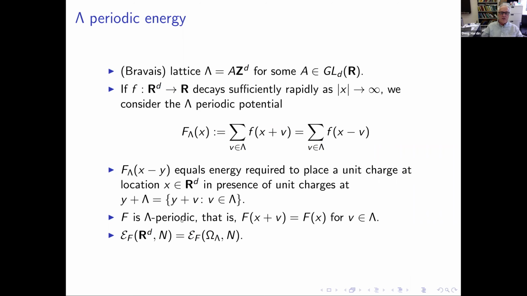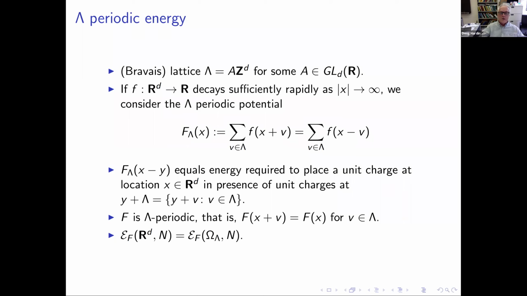Notice that F is lambda periodic. If we consider N-point configurations that are interacting through this F_lambda, then in one sense we're thinking of infinite lambda periodic configurations.